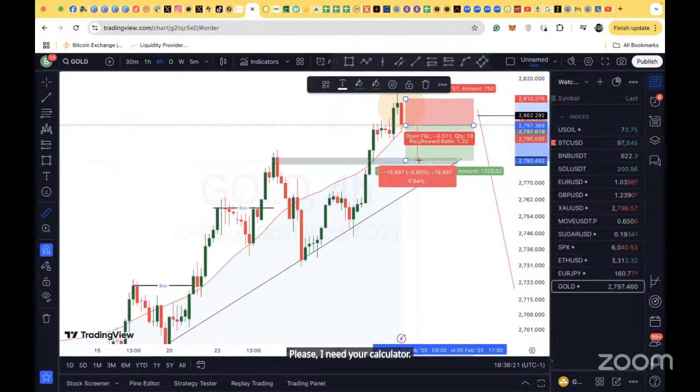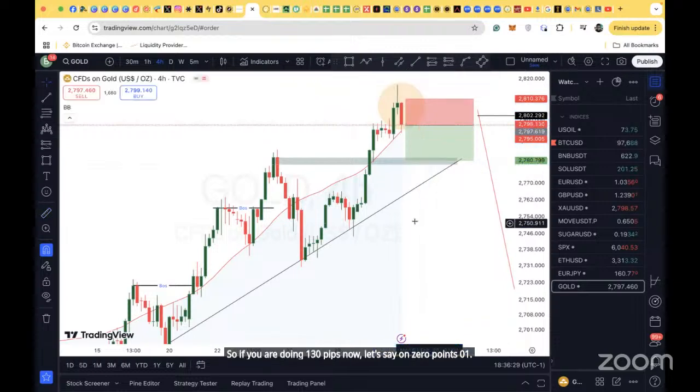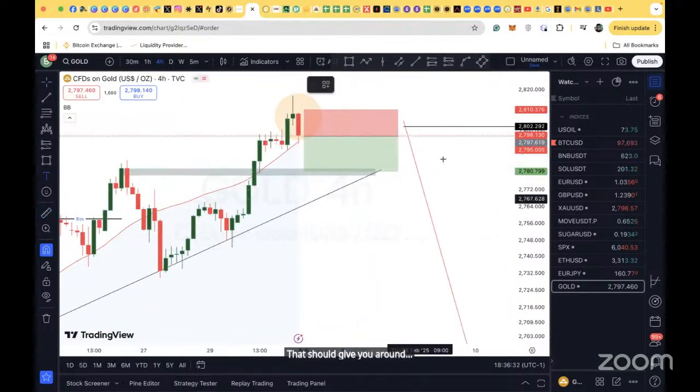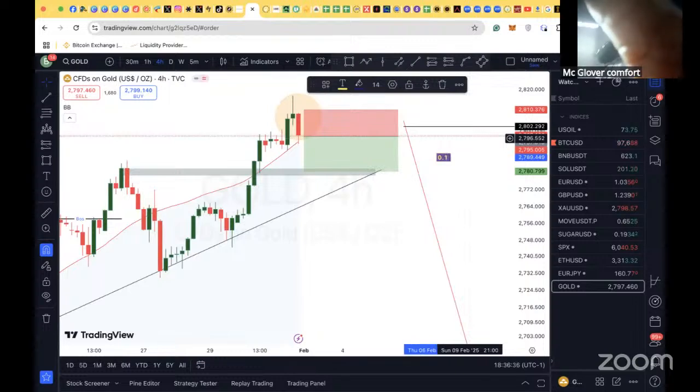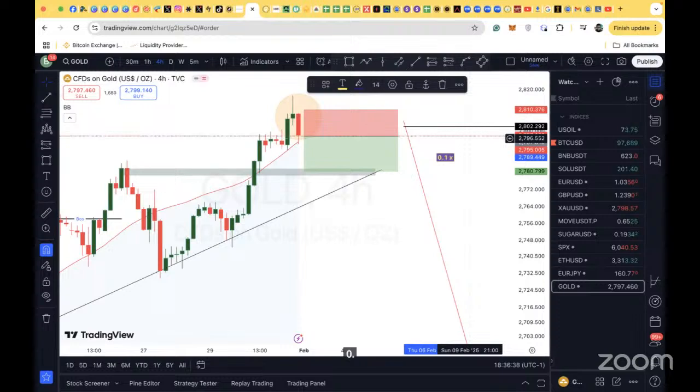So if you are doing 130 pips, let's say on 0.01, that should give you around $13, right? 0.01, $13.